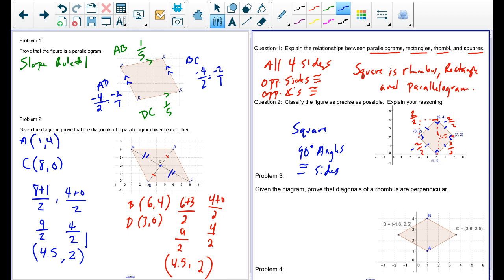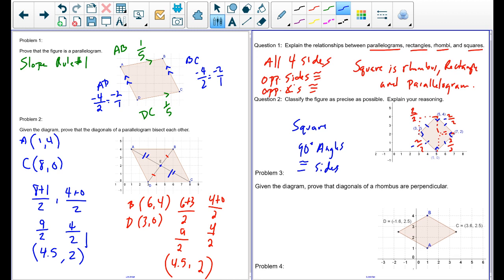And then, is there one more problem? One problem here, prove the diagonals of a rhombus are perpendicular. So here's a rhombus. So if I do my diagonals, from B to A, there's a diagonal. What's the slope from A to B? Slope of AB is what?